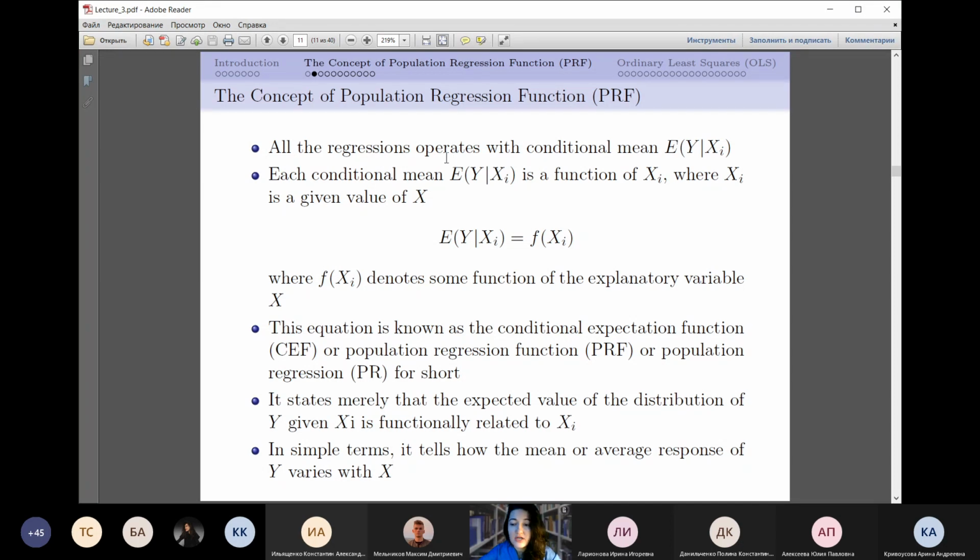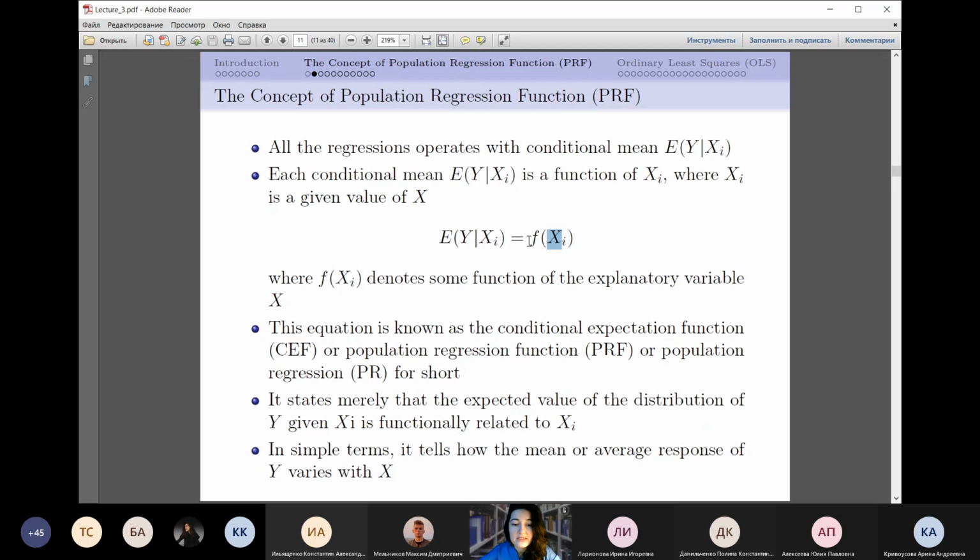All regression operates with conditional mean. So each conditional mean is some function of x, which we can write as follows. The function of x denotes some function of the explanatory variable. And this equation we call the conditional expectation function or population regression function or just population regression.